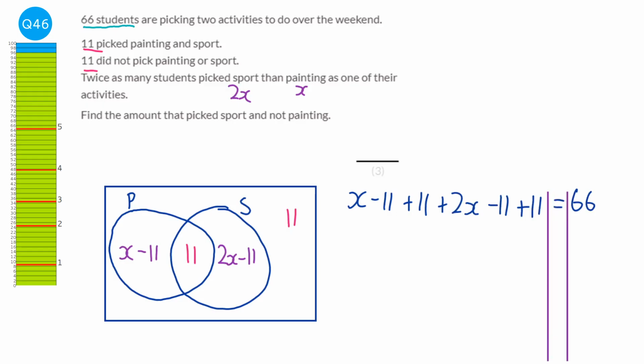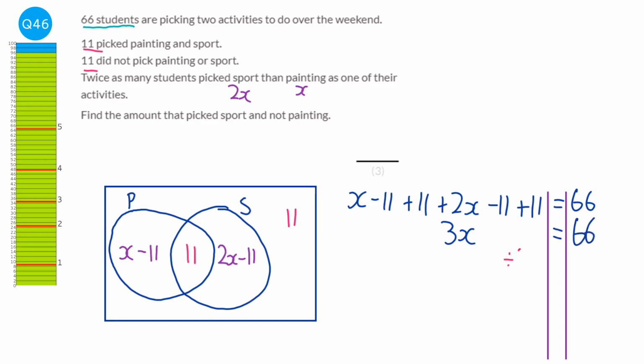This is going to be some solving. Now here we've got x plus 2x, which is 3x. And we've got minus 11 plus 11, minus 11 plus 11. Well, those just cancel out. So we're left with just the 3x equals 66.